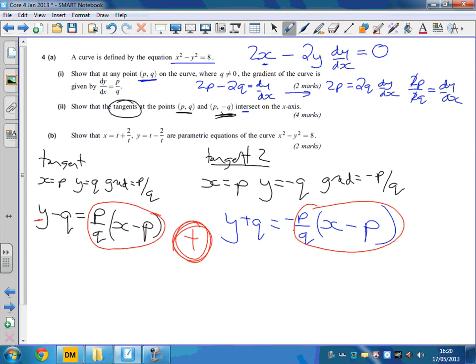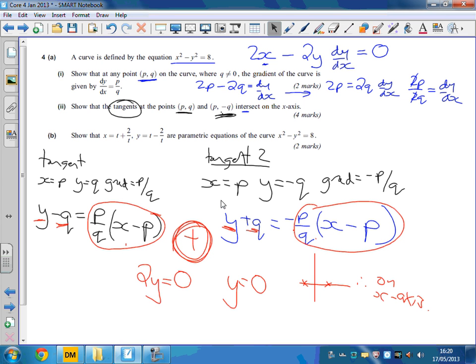On the left, we're going to get y add y, which is 2y, minus Q plus Q, which is nothing. And as I just said, these two things are cancelling out. So I get 2y equals nothing. That tells you y equals 0. So if y equals 0 where they meet, well, that is on the x-axis, isn't it? Therefore, on x-axis.